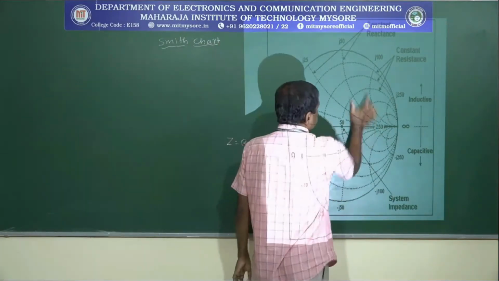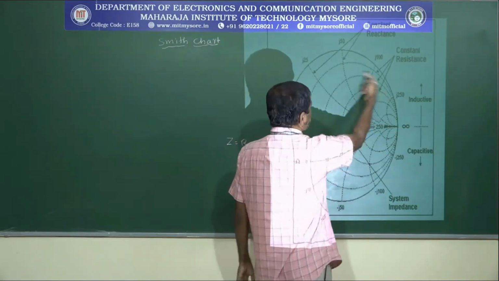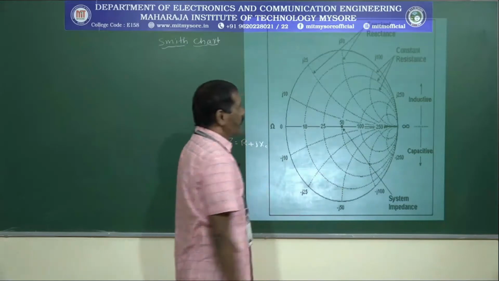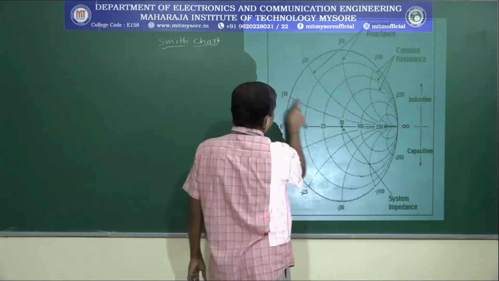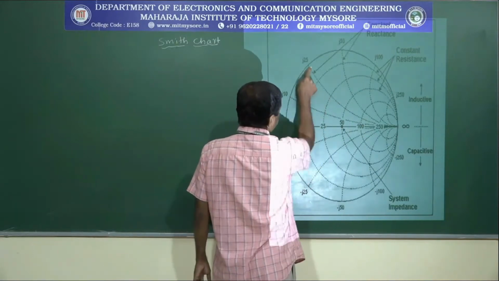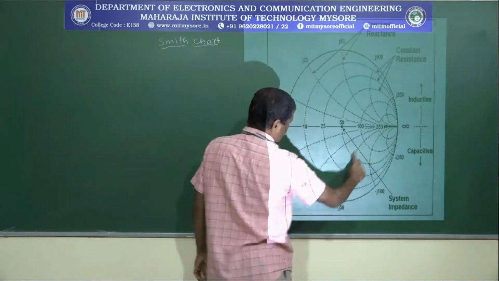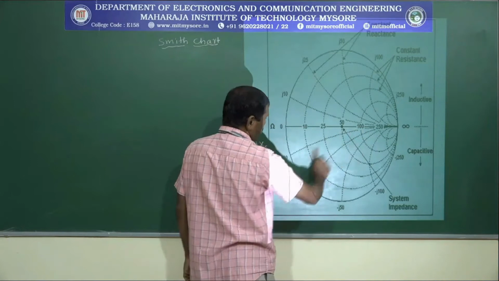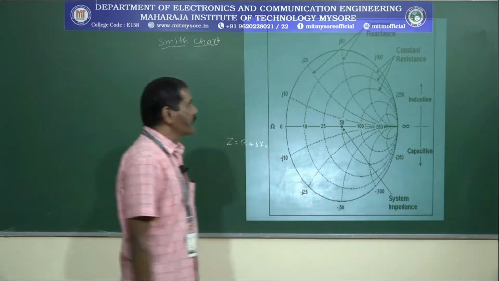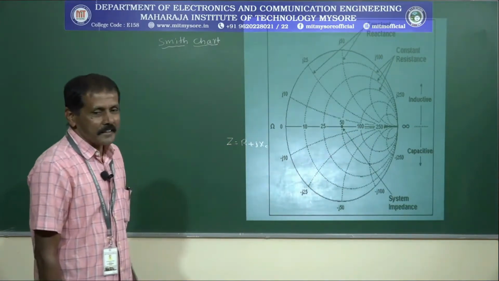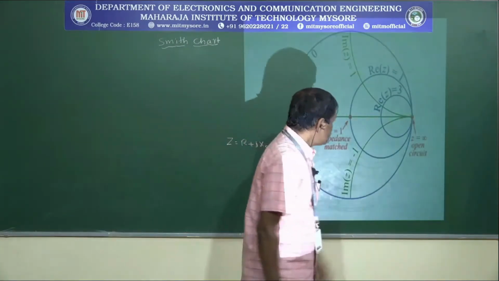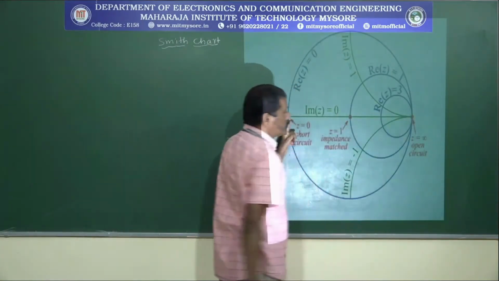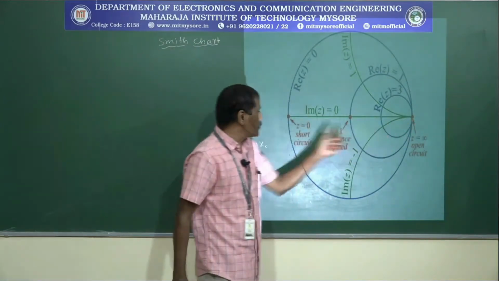Whatever these dotted circles are, they are called constant resistance circles, and these values, this one and this one and this one, we take as constant reactance circles. Now, we have marked two points.